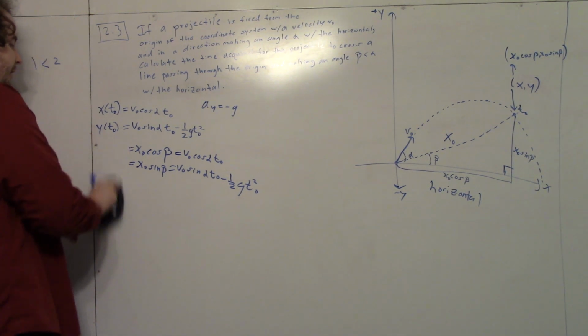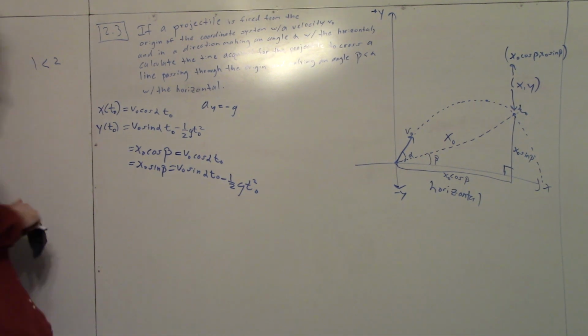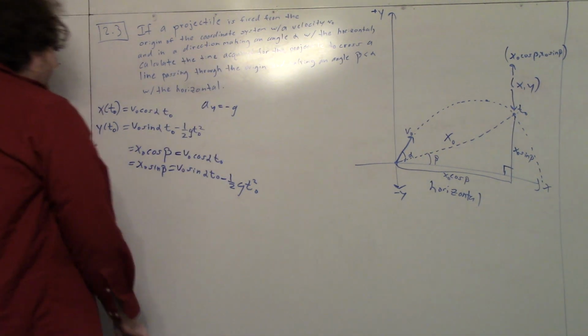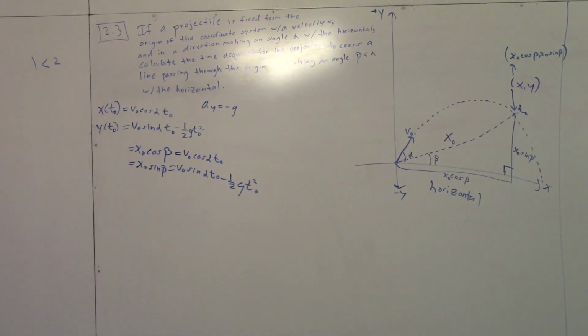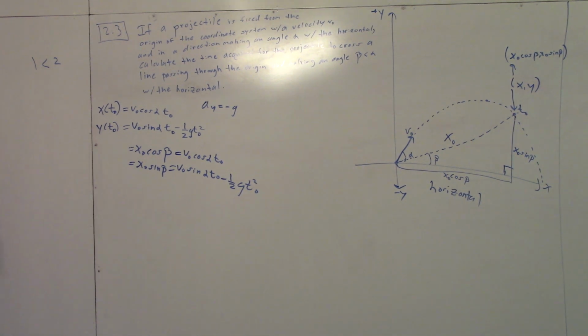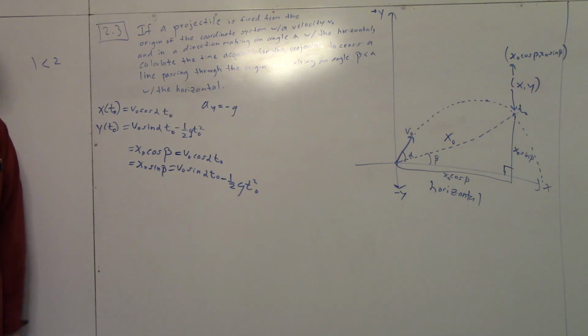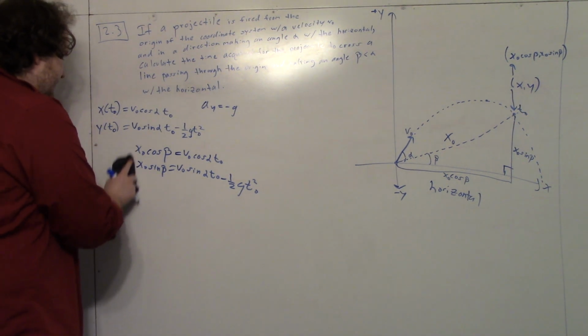Just erasing this because we don't have much room. And the camera is kind of bright, the light's reflecting off into the camera. That's a mess over there. So, we want to separate t naught from all this. How can we do that? Sure, let's combine the equations. Everything kind of looks the same.